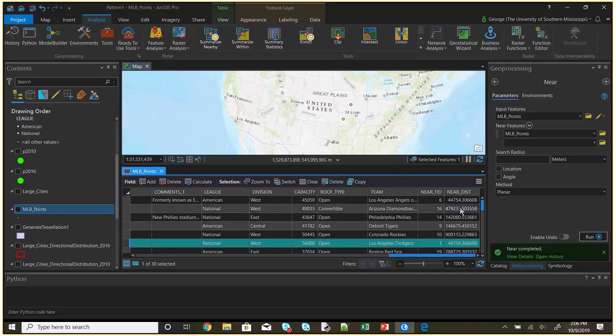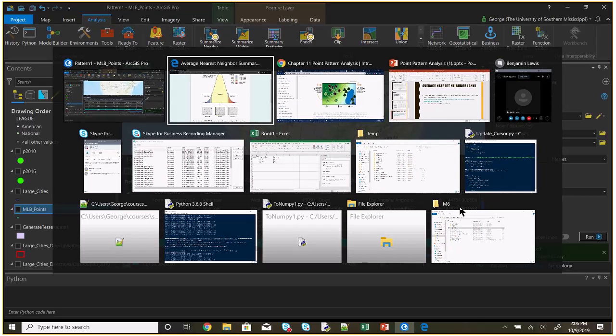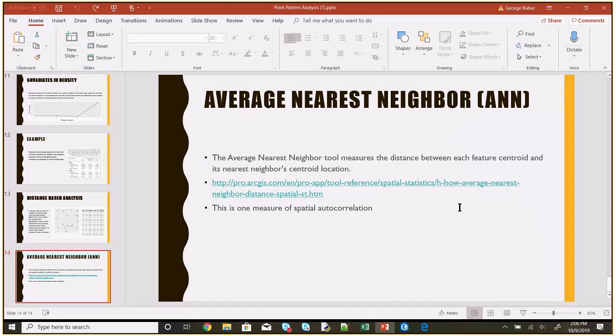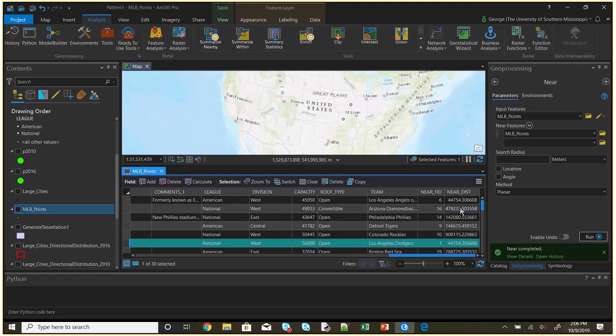So going back to this slide, the average nearest neighbor measures the distance between each feature and its nearest neighbor. So I have the distance between each feature and its nearest neighbor.